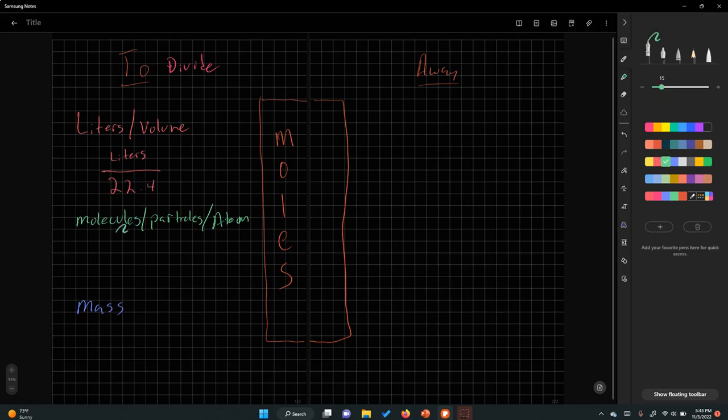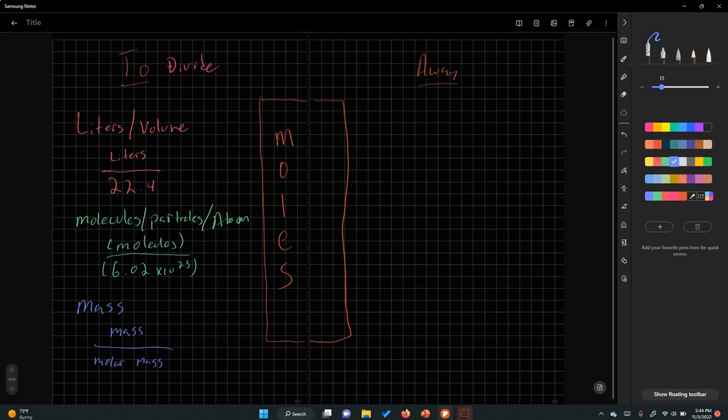When we talk about molecules or particles, the number of molecules we have is on top, and the number we want to divide by will always be 6.02 times 10 to the 23rd. We want to make sure to use parentheses on that one because of scientific notation. And when we talk about mass, we take the mass that we have and divide that by the molar mass.